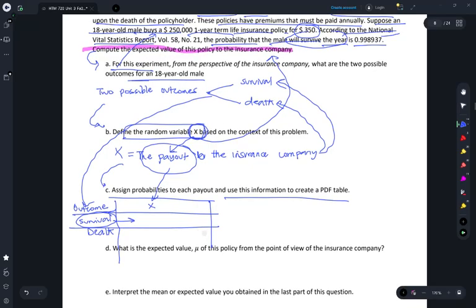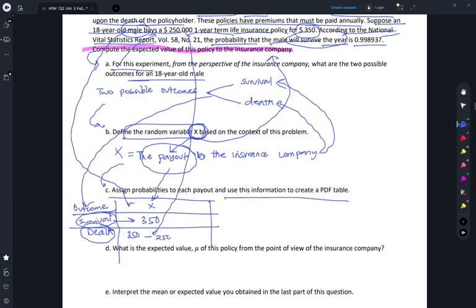Well, from the perspective of the individual here, it will be $350 if this 18-year-old male survives the year, and if the person dies, you have 350 minus 250,000. This is from the pocket of the 18-year-old male here.